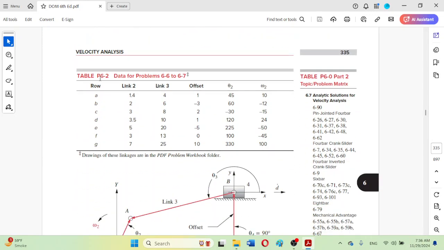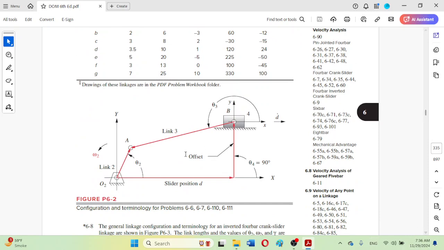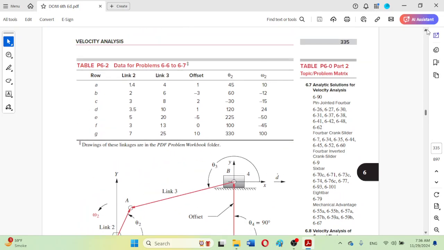So this is the table P6-2 for data for the offset crank slider mechanism, or slider crank or crank slider, both. Data can be applied up to this diagram.